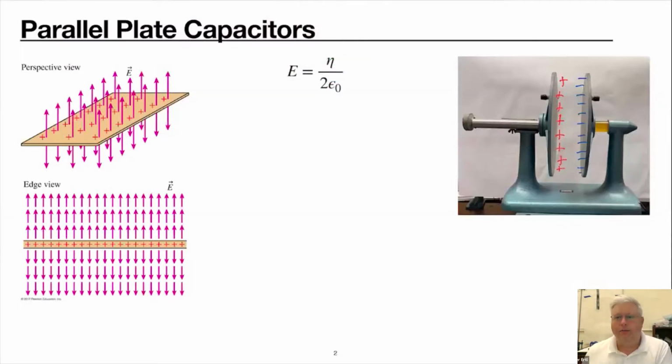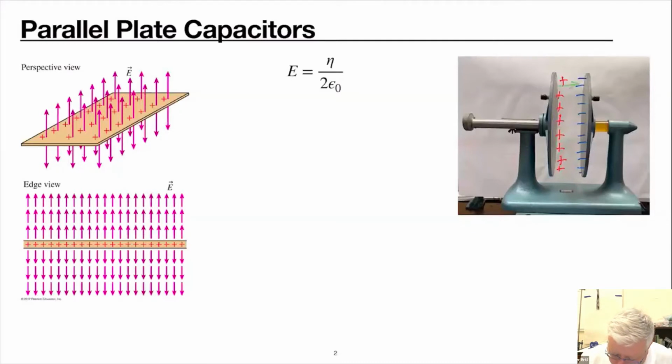And so all of the positive charges on the one plate will collect on the inside. I'm referring to this as the inside of the capacitor, and all the negative charges move to this side. So we get this polarization happening, and the net field inside the capacitor is going to point from the positive plate to the negative plate.